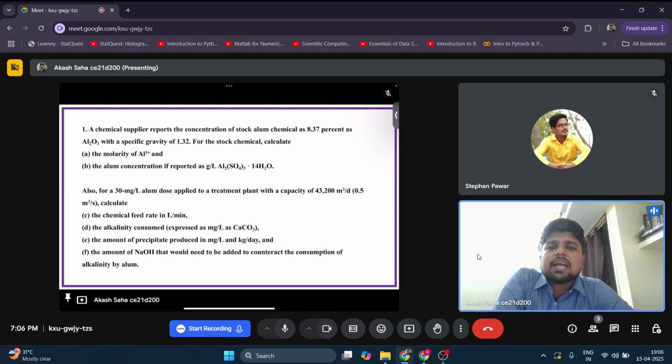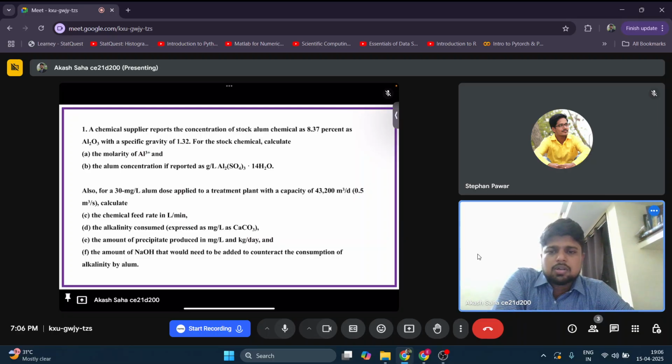All aspects of alum addition to a treatment plant have been covered in this one single problem, starting from how to report the concentration to the alkalinity consumed, how much precipitate will be formed, and how much NaOH has to be added. Everything we can solve, and it's kind of a design. If you are going to put alum, these are the aspects you have to take into consideration.